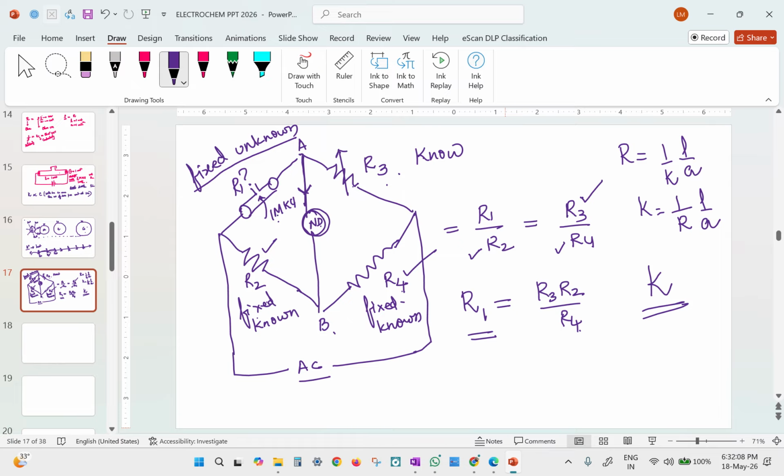Now again, we'll repeat the experiment. We'll keep changing the resistance R3 till the current does not flow from point A to point B. Whatever resistance you measure, that is calculated by the principle of Wheatstone bridge. Any doubt about this?